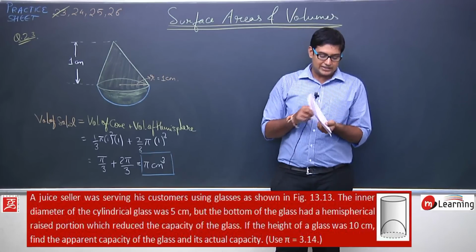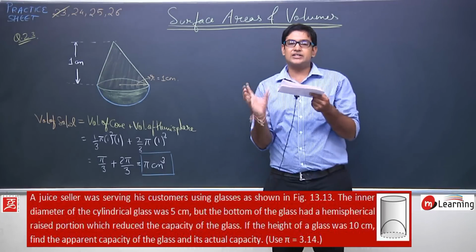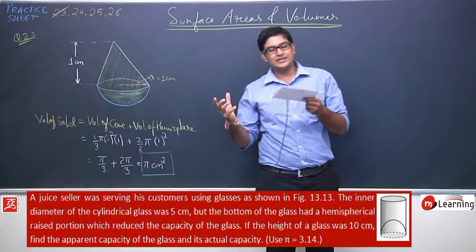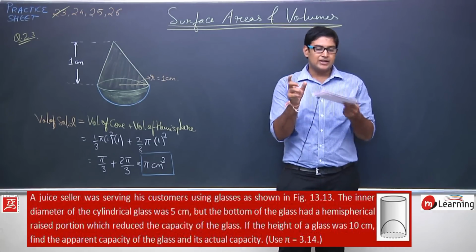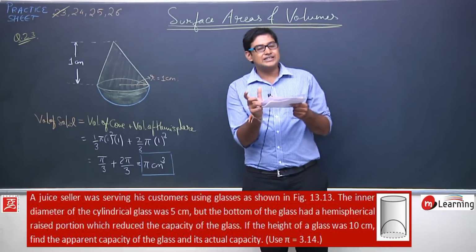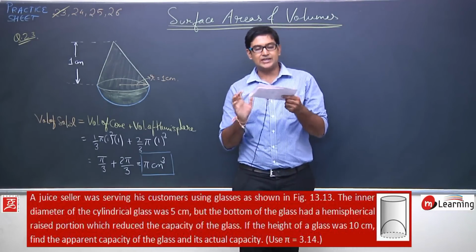So what it says is, a juice seller was serving his juice in some glasses, and obviously the glasses are cylindrical in shape. In that cylindrical glass, there is a raised hemispherical portion in the bottom as given in the figure.